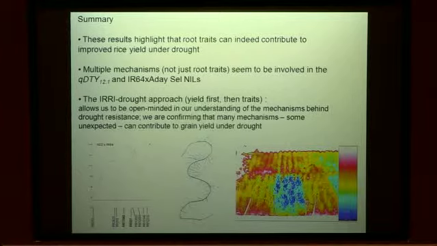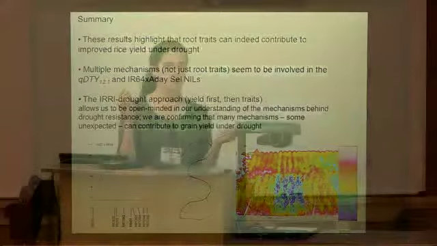Another point is that because a QTL is a part of the chromosome, it's not a single gene. Just like it might not be single genes responsible for that QTL, it also is likely that it's not single traits behind that QTL. For example, with QTL 12.1, we think maybe there's some kind of water uptake rate mechanism going on, and we're still investigating more with the IR64 Aday Sel NILs.